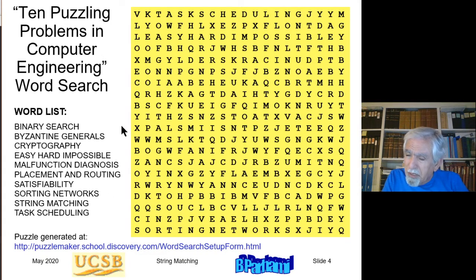Okay, as I said, these puzzles are useful. So for example, if you're teaching some young kids the concepts of geometric shapes like square, triangle, circle, rectangle, and so on, you can make a word search puzzle that has those words in it and ask the kids to find those words, sort of to reinforce the learning by having them see and find the key words that they need to learn.